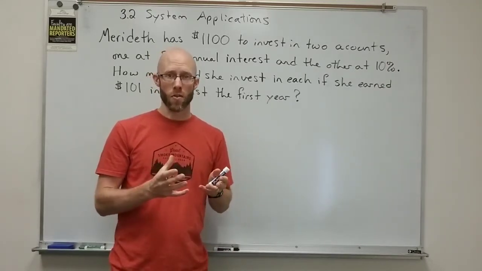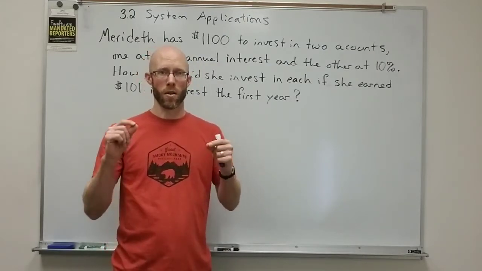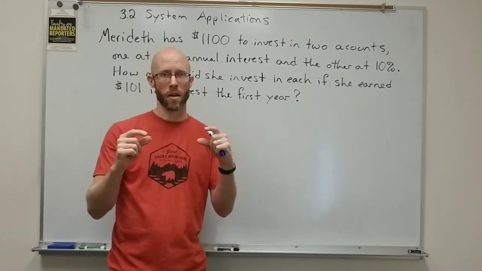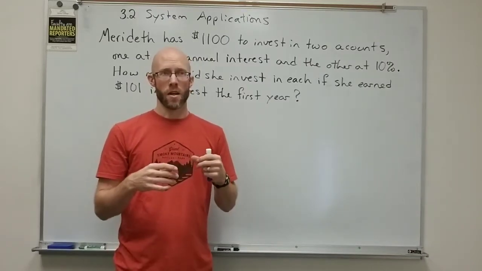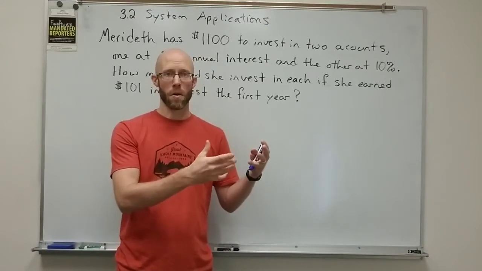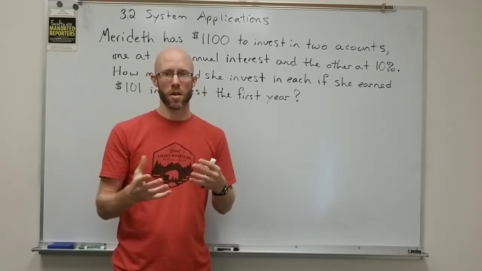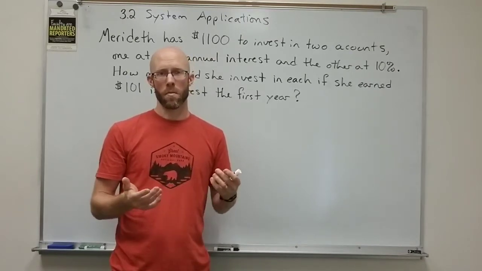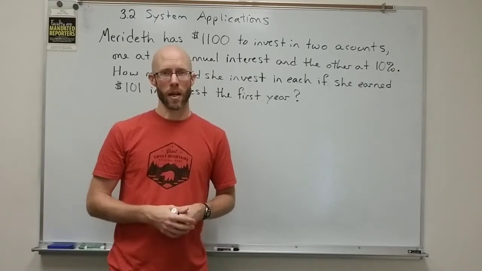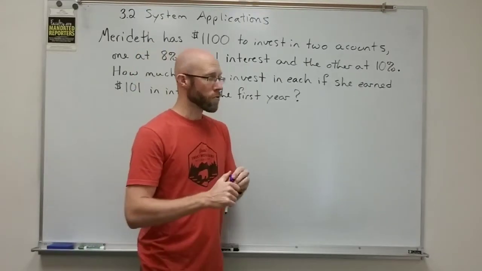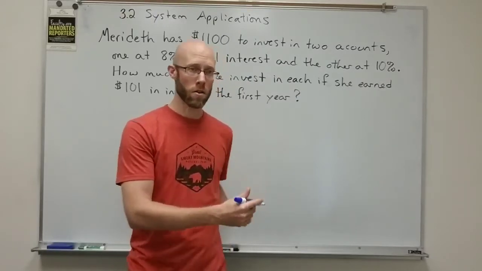You may change those variables around based upon the problem you have, because you may want the variable to correspond to something specifically, so you might change the letter. For instance, if one of the variables represented time, you might use t for that. There are a lot of different ways that you can change those, but I'm going to typically stick with x and y unless it's very obvious I could use something else. So the first thing you really want to do is establish or define your variables.